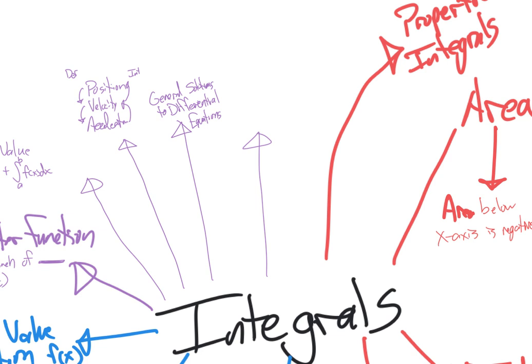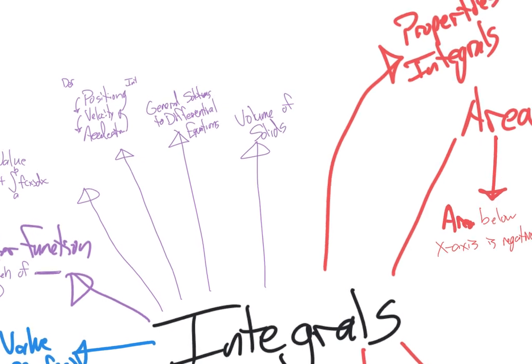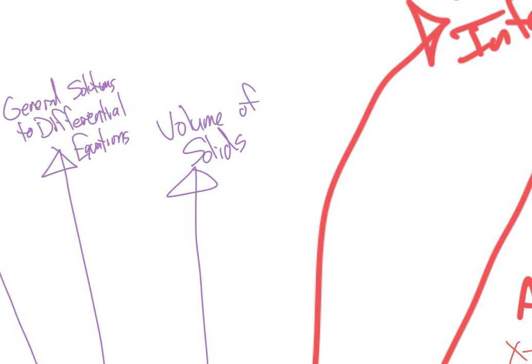And then another thing we're going to do is we're going to do volume of solids. So using integral calculus, we aren't limited just to area, but we can do volumes of solids. And there's kind of three main ways that we'll cover.